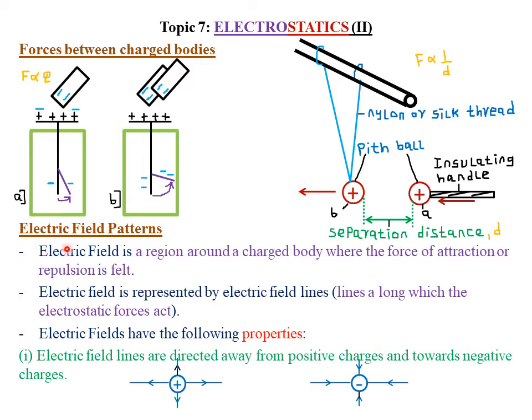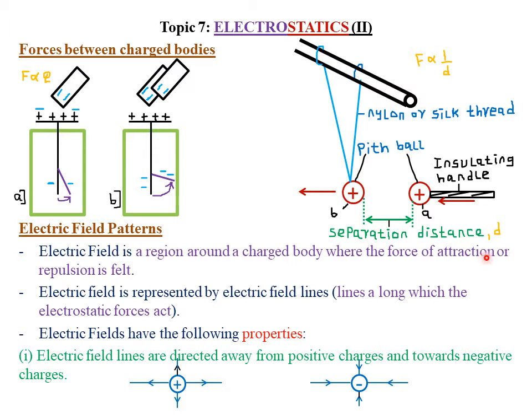So for electric field, we'll start by defining what we mean by electric field. It is just a region around a charged body where the force of attraction or repulsion is felt. Remember, when you bring two like charges together, they will repel each other. But when you bring unlike charges closer to each other, they are going to attract each other.